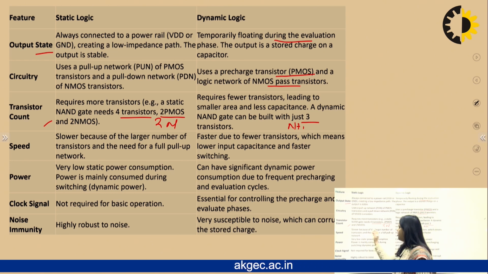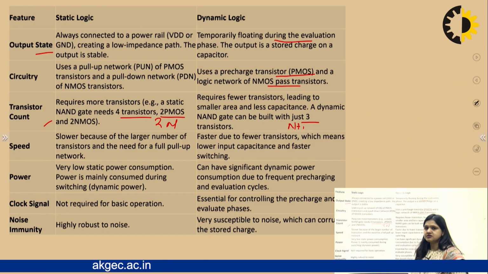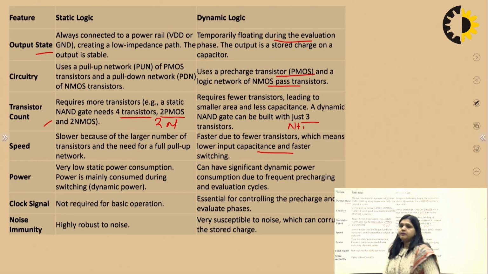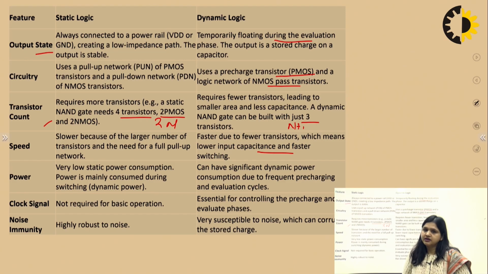Then speed. Obviously the transistor count is large in static, so speed is less, but in case of dynamic circuit, the number of transistors is fewer, that is why speed is very high. If I talk about the power, in terms of power, static design is better, because here the static power dissipation is 0 in CMOS technology, whereas in case of dynamic, the dynamic power dissipation is very high.